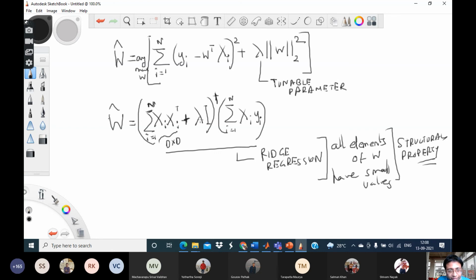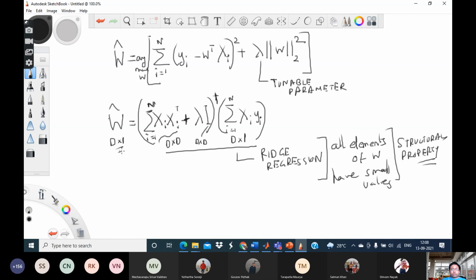You are adding it with lambda I, which is another D cross D matrix, right? So this whole thing becomes a D cross D matrix. You take its Moore-Penrose inverse, so that still remains a D cross D matrix. You multiply that D cross D matrix with this thing, which you can work out is a D cross 1 vector. So the whole thing becomes a D cross 1 vector. Yes, sir. Fine.